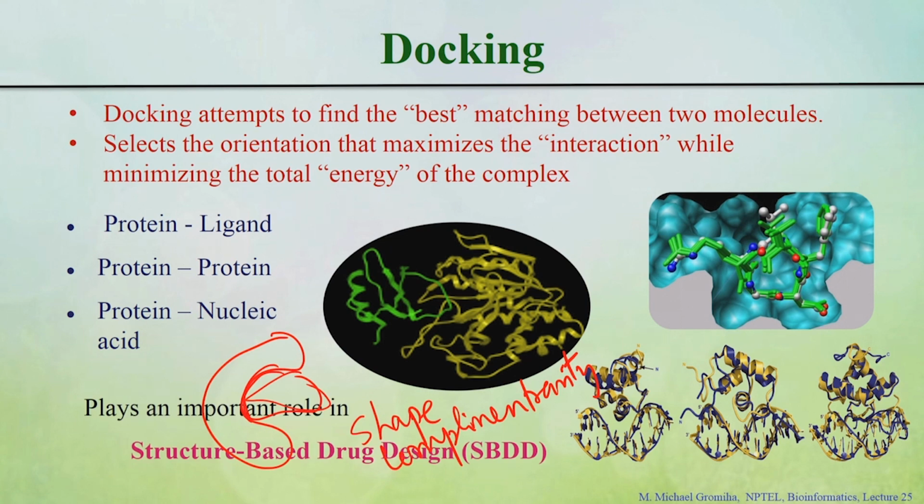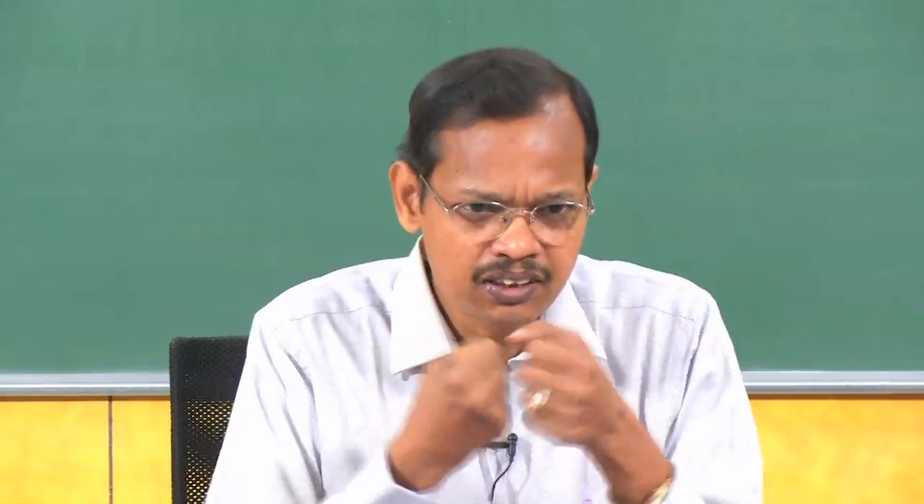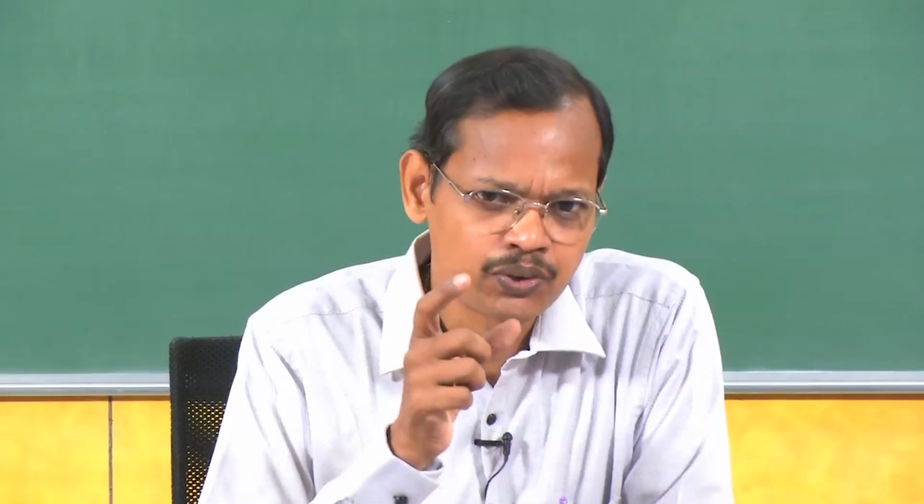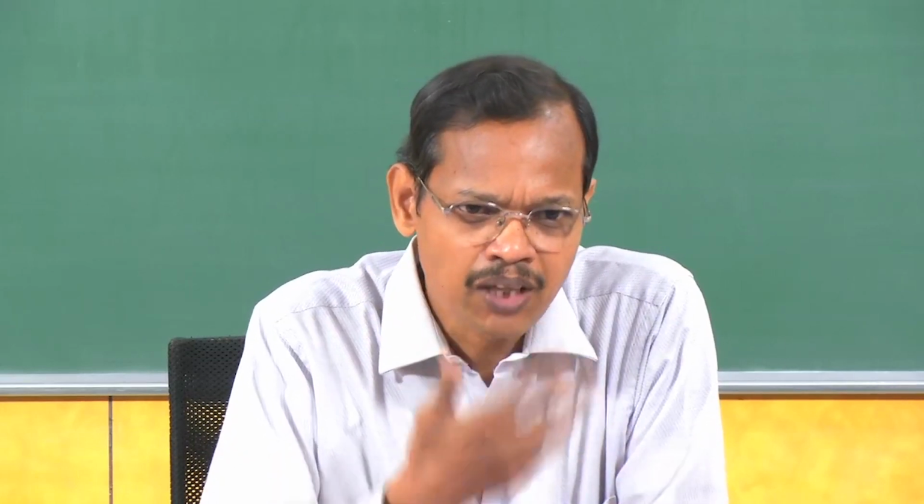So, this binding is very important and based on the strength of these interactions, you can relate with the activity of the compounds, and this plays an important role in structure based drug design to identify the lead compounds, to identify the inhibitors for any specific targets which are involved in different pathways or in different diseases.